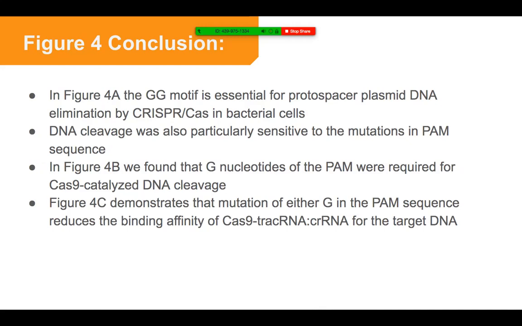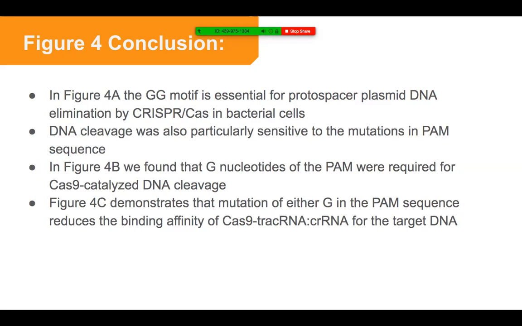In figure 4B, we had found that the G nucleotides of the PAM were required for Cas9 catalyzed DNA cleavage, but we also found in figure 4C that the mutation of those Gs in the PAM sequence actually reduces the affinity of Cas9 tracrRNA-crRNA for the target sequences.